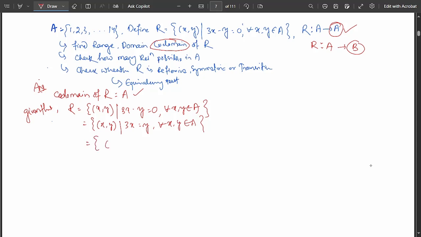For x equal to 1, what will be the y? y is equal to 3x, so y equal to 3. And 3 is in the set A, so (1, 3) is in R.